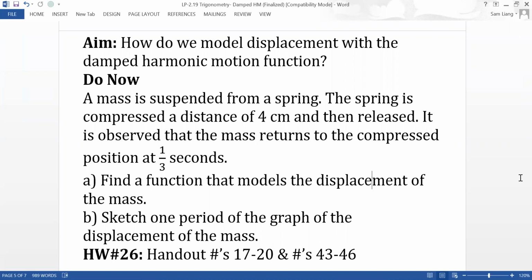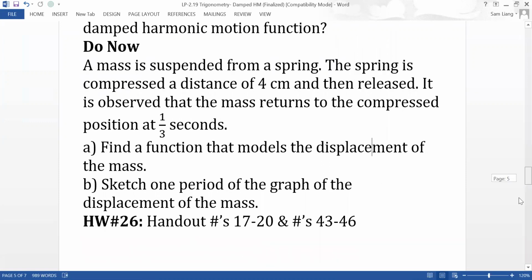It would stay at 4 and negative 4 forever, which is not accurate because, as we know, if you have a pendulum or a spring, it's eventually going to stop its motion. That's where damped harmonic motion comes in. In this model, the amplitude actually tends towards 0.